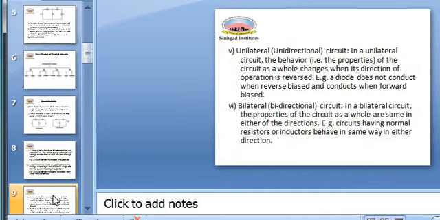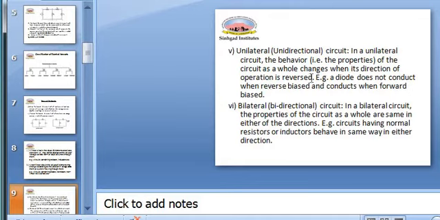What is a unilateral and bilateral circuit? Uni means single directional, unidirectional. Bi means both directional. So, in a unilateral circuit, the behavior of the circuit as a whole changes when its direction of operation is reversed.